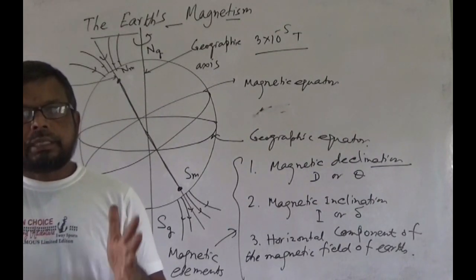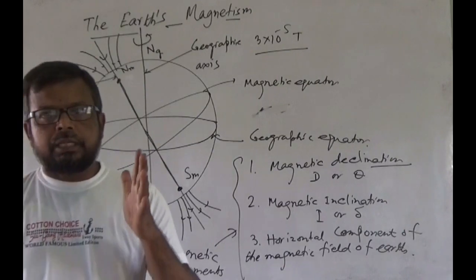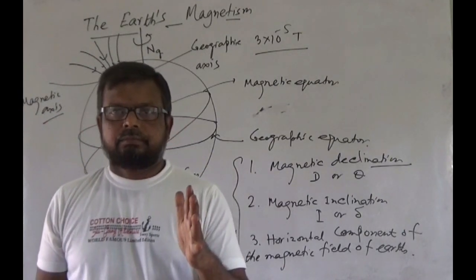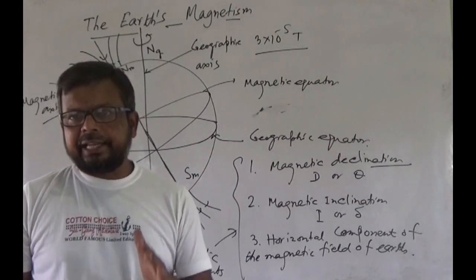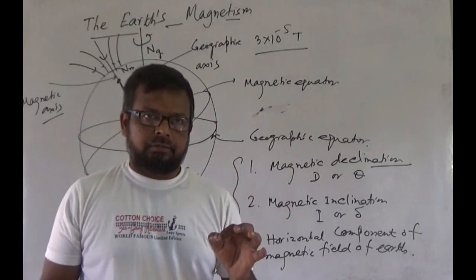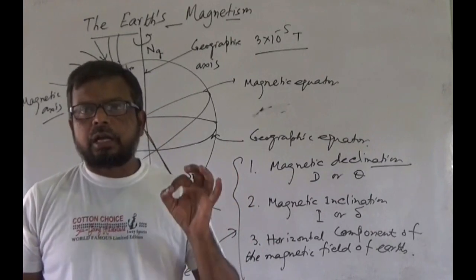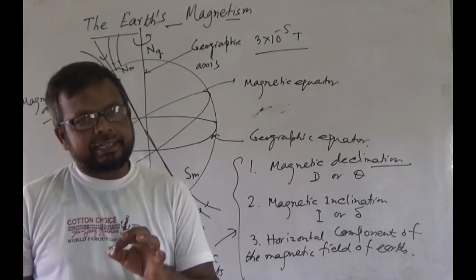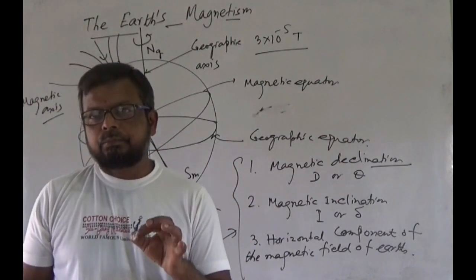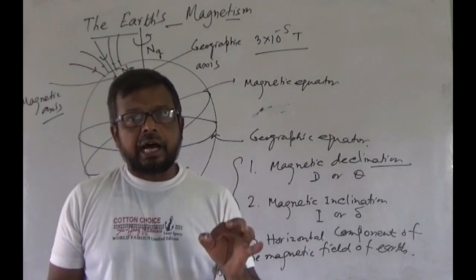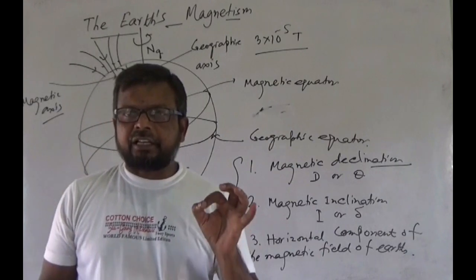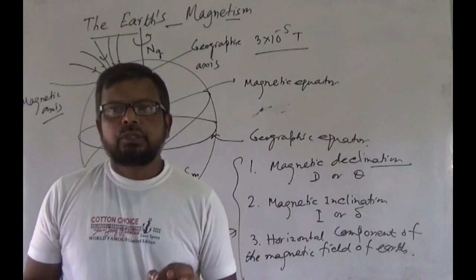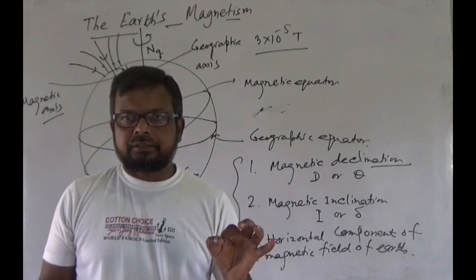Yes, sir. The angle between direction of the total intensity of magnetic field of earth and a horizontal line in magnetic meridian is known as magnetic inclination or magnetic dip, which is denoted by I or delta. Dip is the angle that the total magnetic field of the earth makes with the surface of the earth.